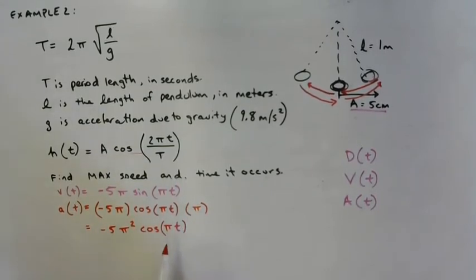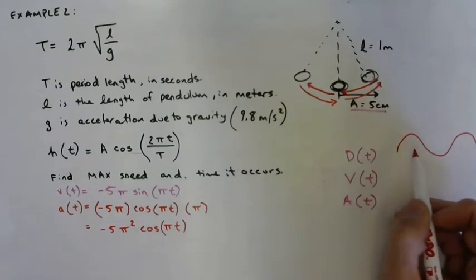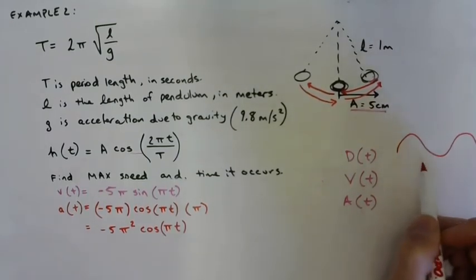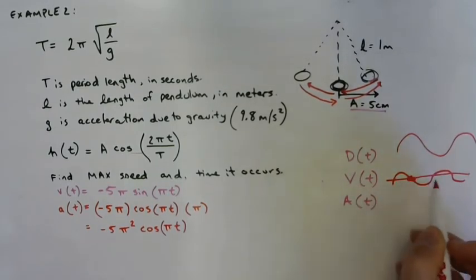Okay, so now we're looking for the maximum of this function. I'll draw it. The original function, h of t, goes up and down, and its maximum speeds occur at the zeros of our second function, v of t.